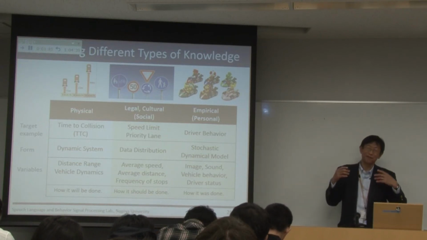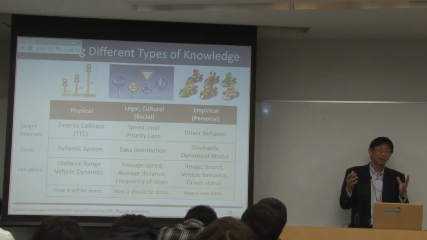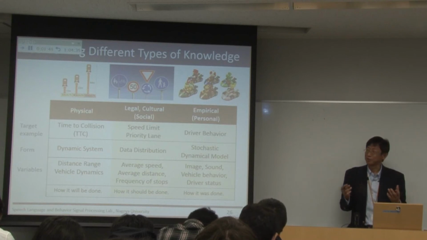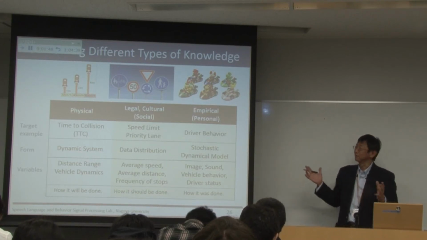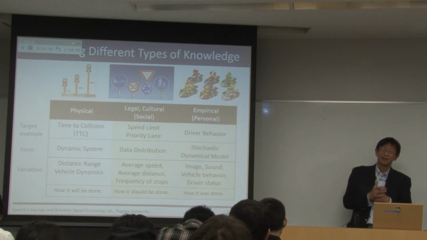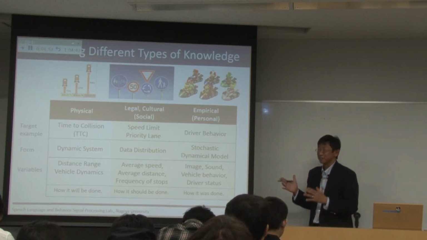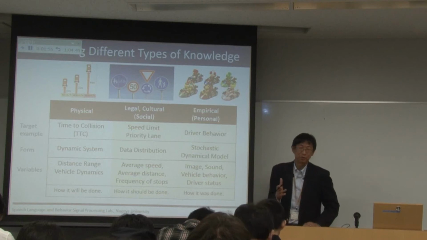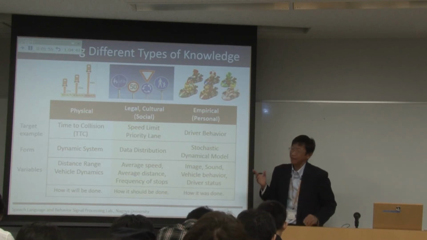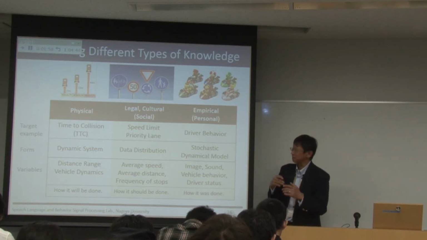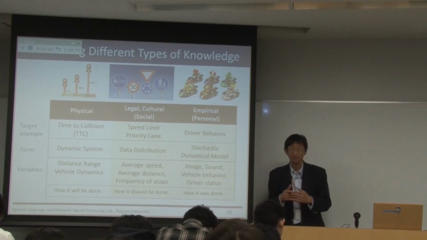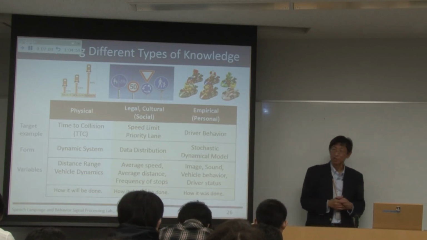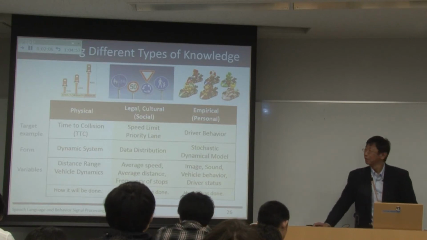So we have a flexible ability, which is known as intelligence, to combine these different kinds of knowledge associated with traffic or driving, and select the optimal answer. And the optimal answer depends on the situation or depends on the people.